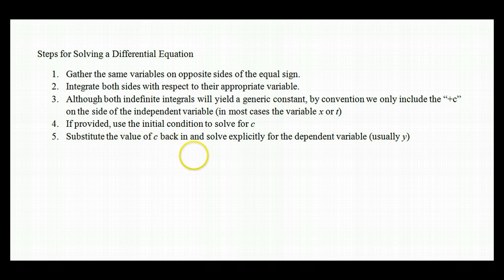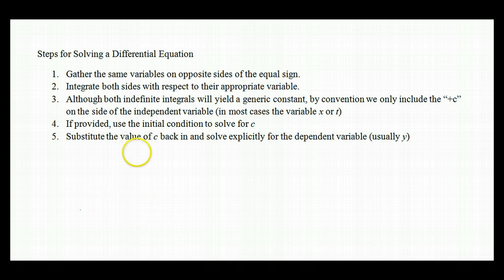And in most cases, the variable is going to be x or t that we include the plus c on. Next, if provided, we use the initial condition to solve for c as a number. And then the last step is going to be to substitute the value of c back in and solve explicitly for the dependent variable. And that dependent variable is usually going to be y.